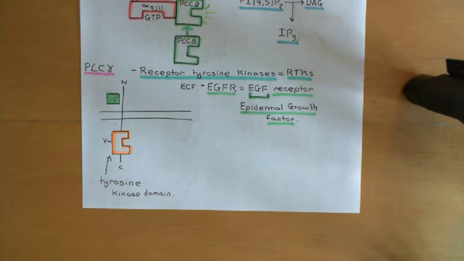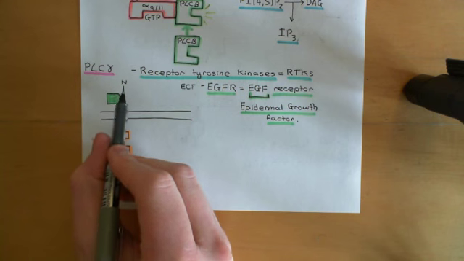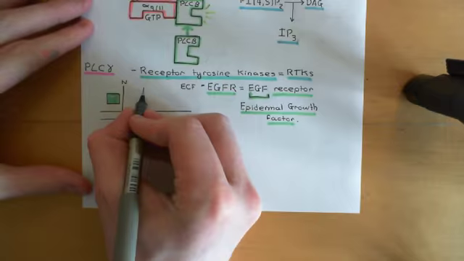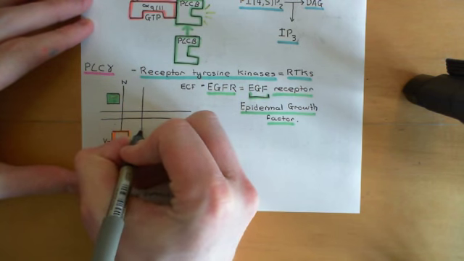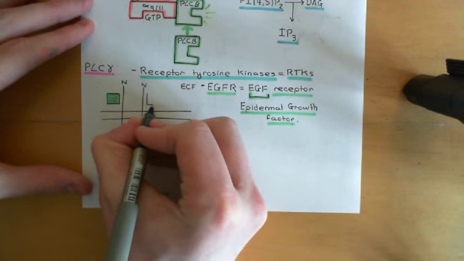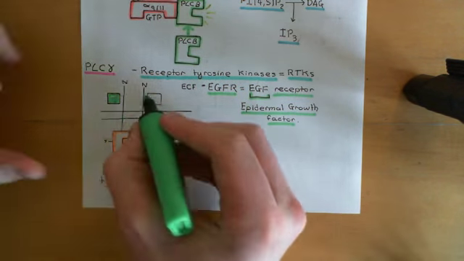Okay, what that then triggers is a change in the extracellular domain of the receptor tyrosine kinase, and now what can happen is this receptor tyrosine kinase extracellular domain can dimerize with the extracellular domain of another receptor tyrosine kinase that has ligand bound to it.